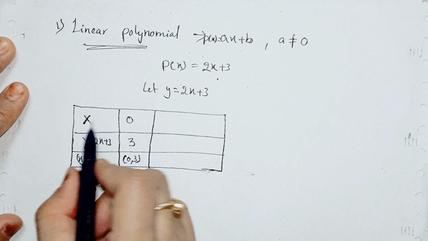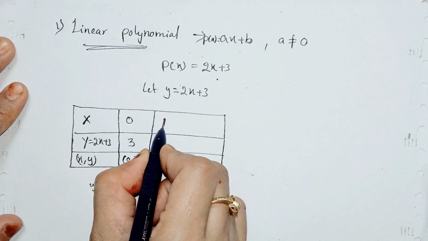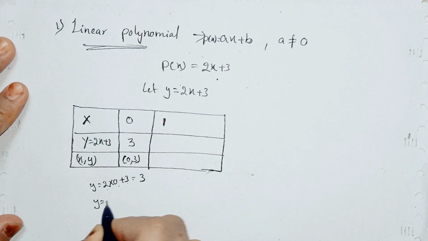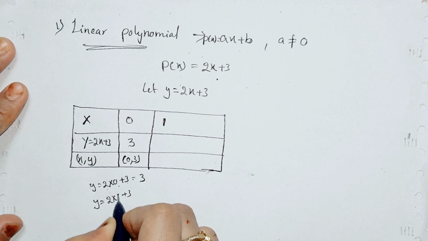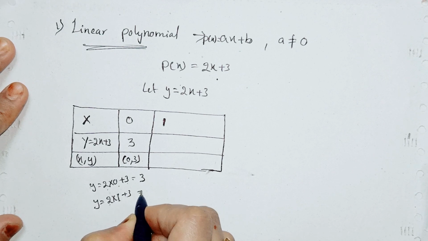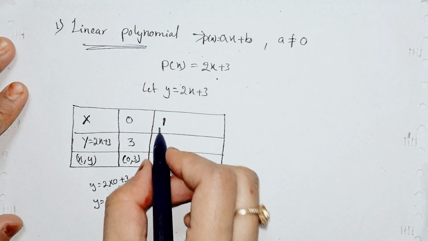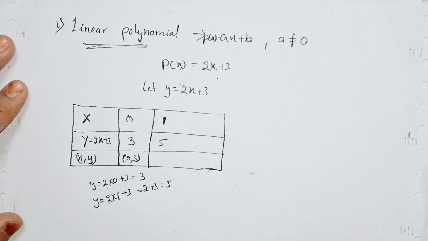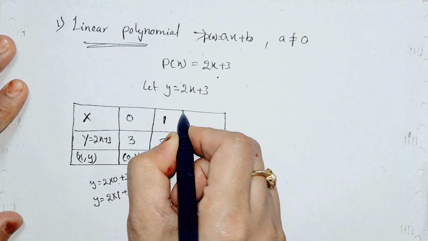If I take 1 here, then what will be the y value? 2 into 1 plus 3 equals 2 plus 3 equals 5. So I am getting 5 as the y coordinate. Therefore the point is 1 comma 5.